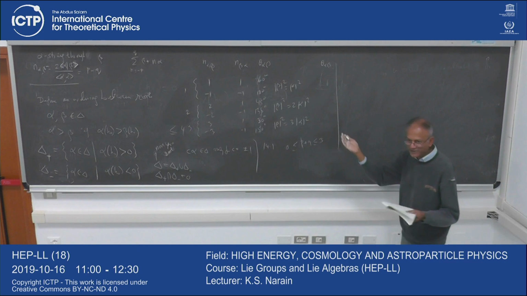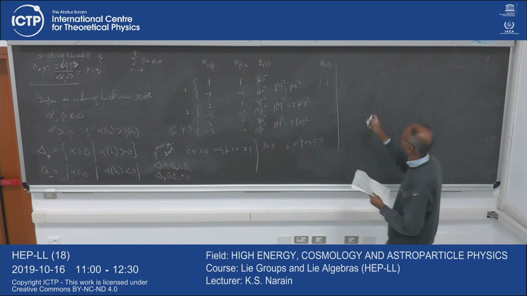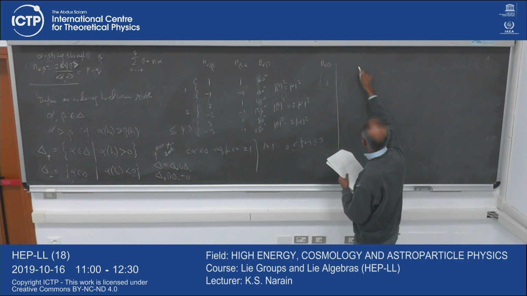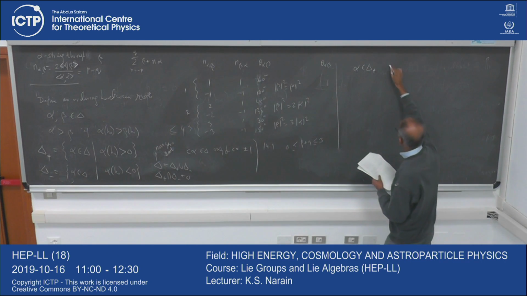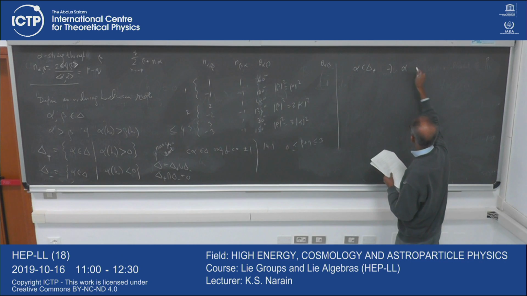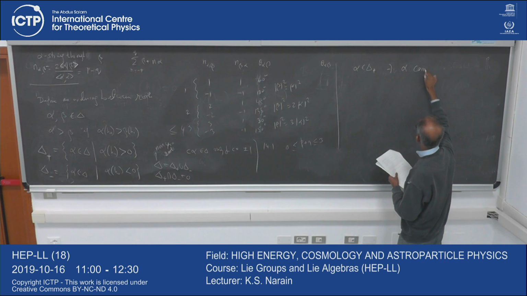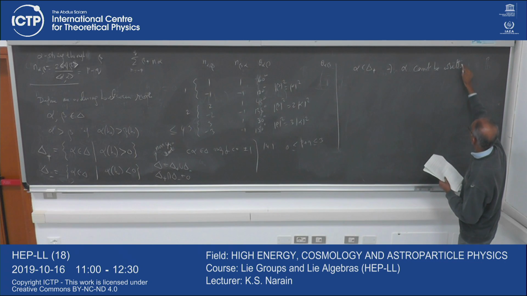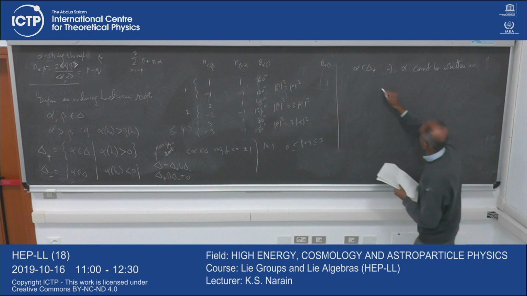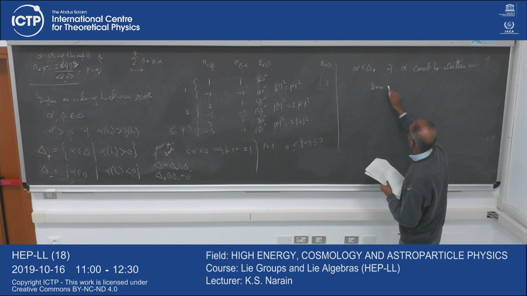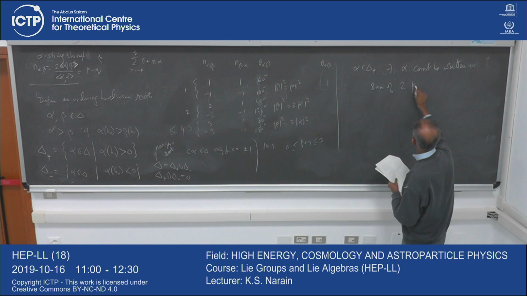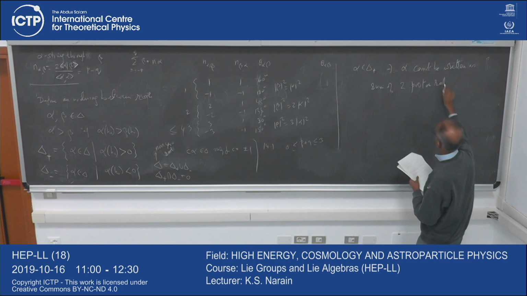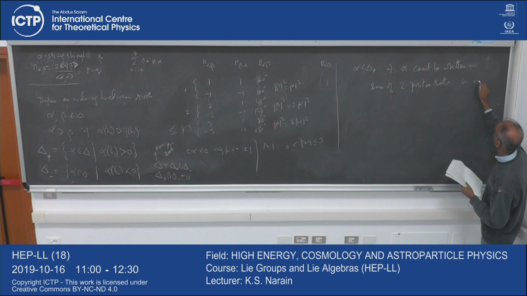Some alpha belonging to delta plus, such that alpha cannot be written as a sum of two positive roots, is called a simple root.